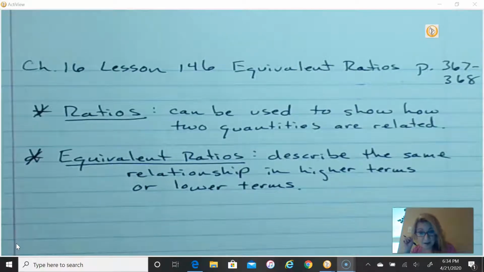Blah, blah, blah, you're reducing fractions. That's basically what this is. You're reducing things. You can go up or you can go down. We've done this before. Equivalent means the same.